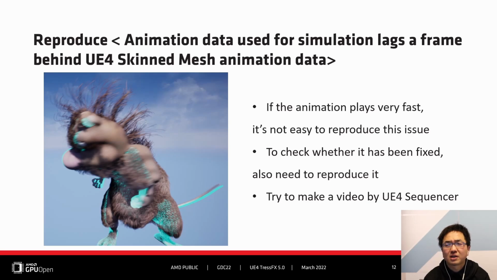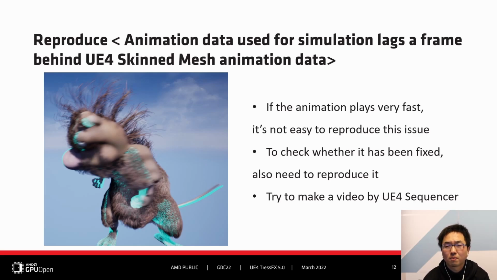If we changed some code and wanted to check whether it had been fixed, it was also not easy to validate. Finally, we found a way, which is to make a video with the UE4 Sequencer. In the video, we can check frame by frame, which is very convenient and efficient.